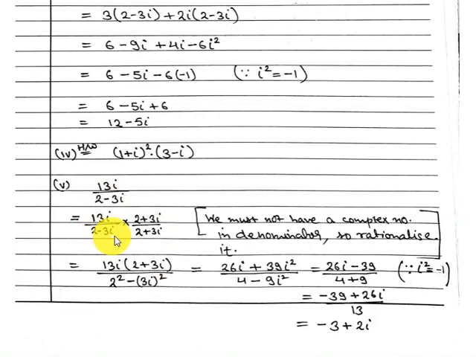So in the denominator we can use the a minus b and a plus b formula. In the numerator we get 13i into 2 plus 3i. In the denominator we get 2 square minus 3i whole square. Here I am using the a plus b into a minus b formula. Then in the numerator, simplify: 13 into 2 is 26i, 13 into 3 is 39, i into i square.